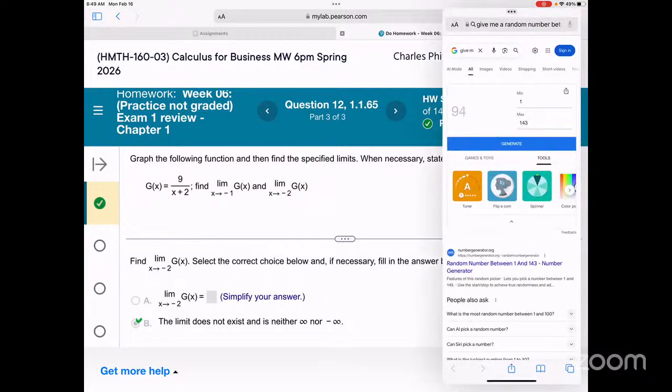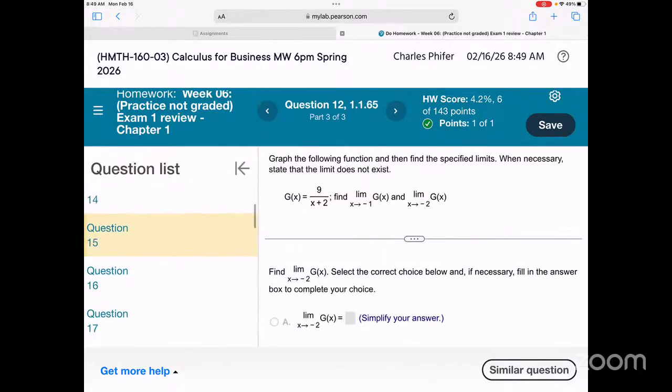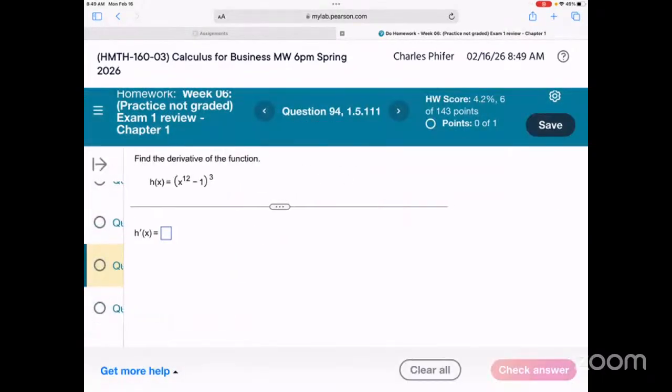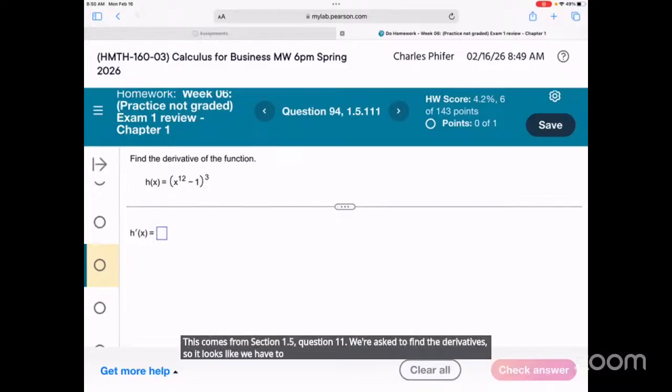Let's go to question 94. This comes from section 1.5, question 11. We're asked to find the derivative, so we have to apply the chain rule.